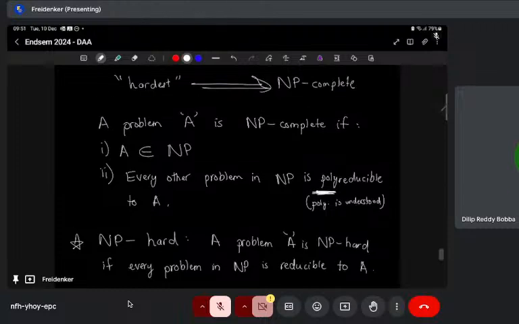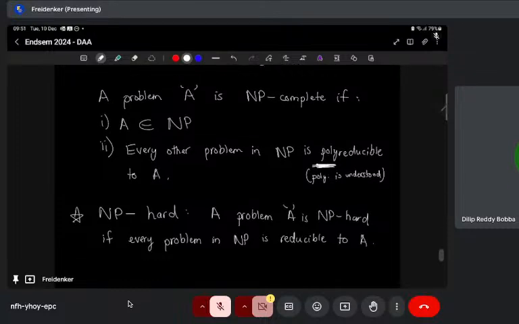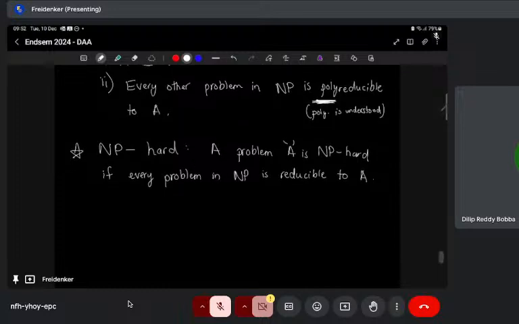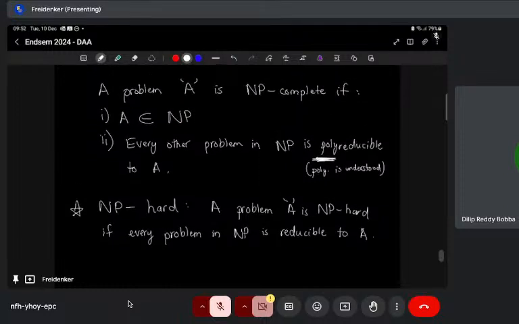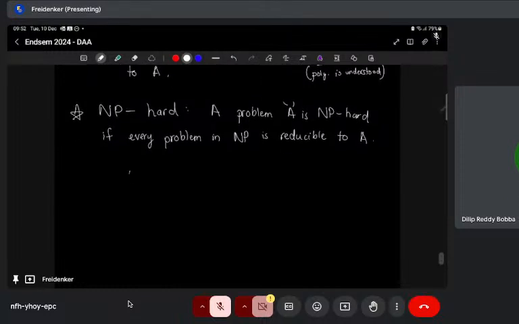But if you notice the difference between NP complete and NP hard, in NP complete you have this condition: the problem must belong to NP. But in this case, my problem need not belong to NP. So let me first draw the Venn diagram. We don't know if P is equal to NP or not, right? So I'll just do these two cases.